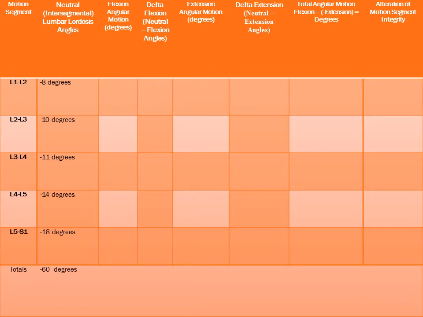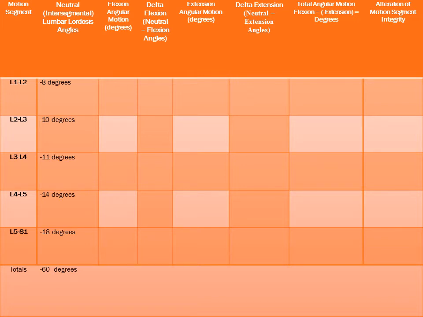So we now have the intersegmental angles from L1 all the way to S1, and we also have the global lumbar lordosis. And those numbers should coincide.